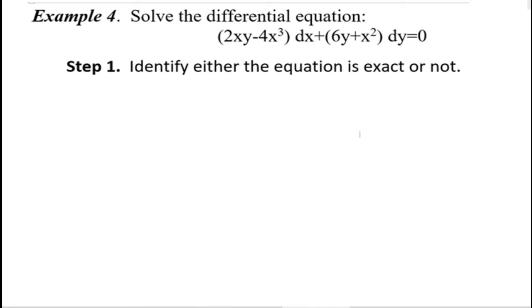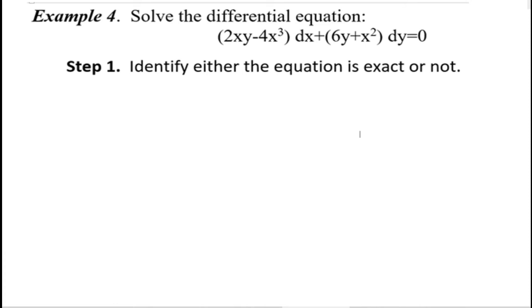As noticed, this equation cannot be solved with our previous methods, the separation of variables and the equations with homogeneous coefficient. So we are going to try the solution for exact equation.